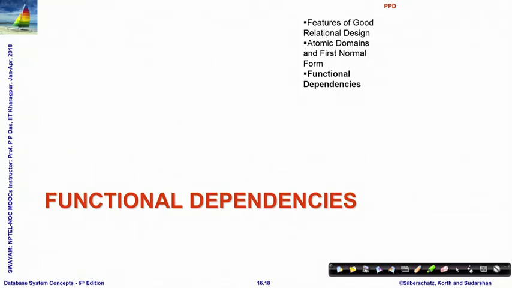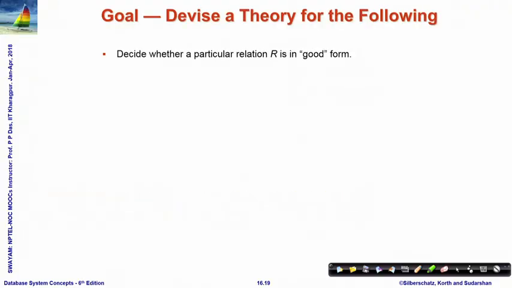Now, finally, we come to the core of the mathematical formulation which dictates much of relational database design, known as functional dependencies. I just talked about a little bit of that while talking about department name, building and budget.